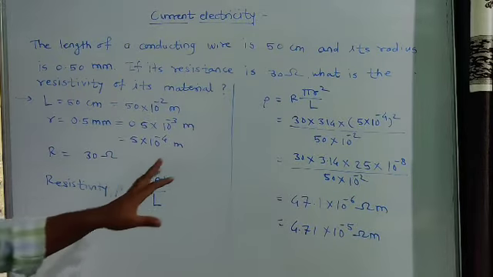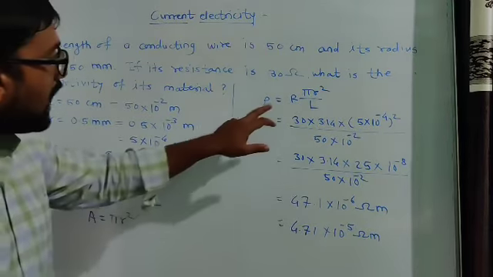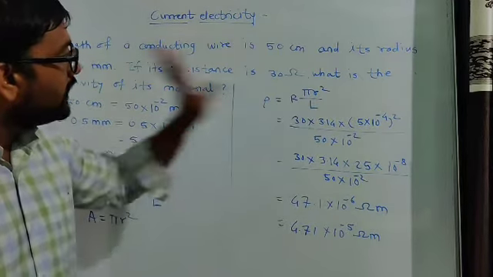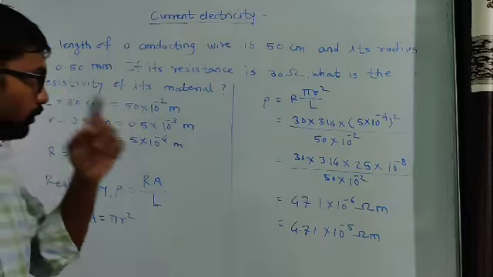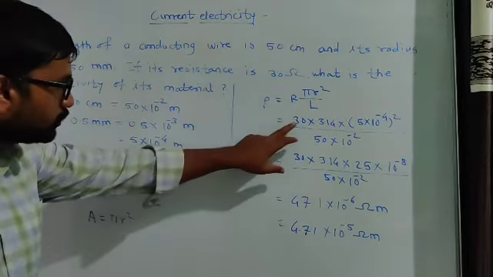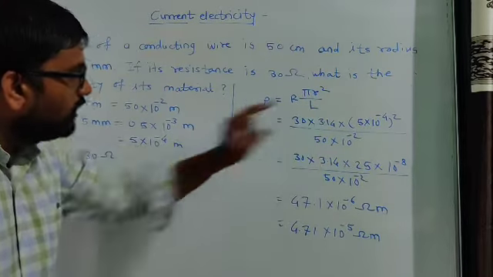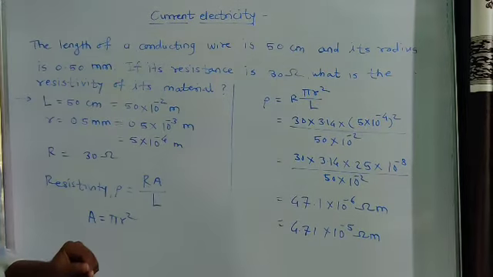Instead of A, we put the value of pi r square. So rho, the resistivity, will be equal to R pi r square divided by L. We know the value of R, the resistance. It is 30 ohm, so we take 30 here. Then pi, we know the value of pi is 3.14.